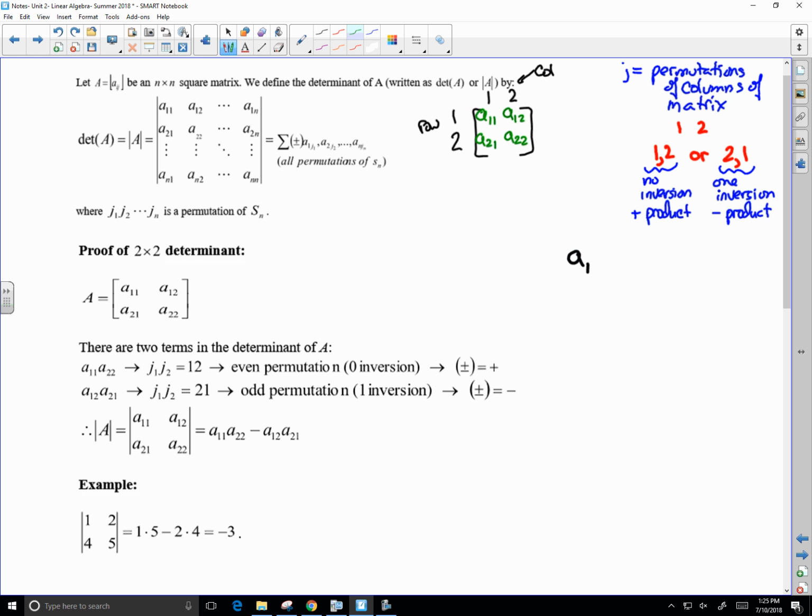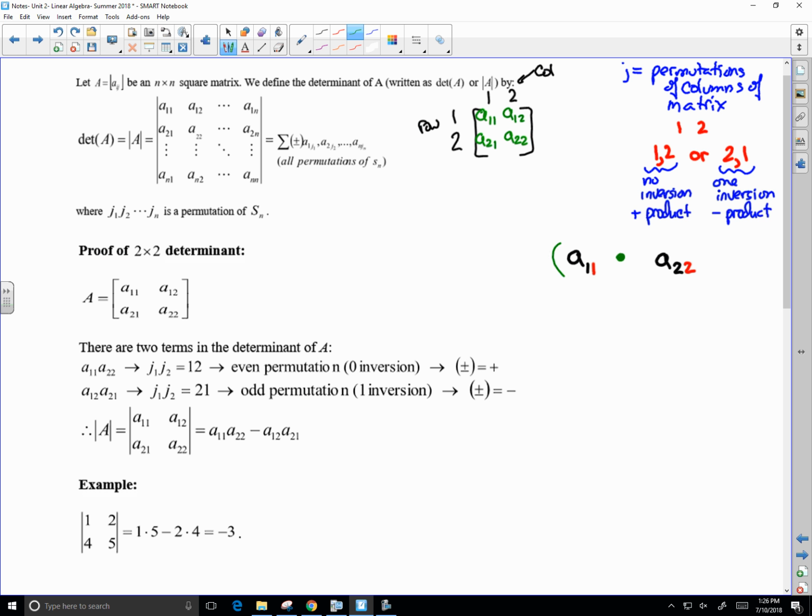Anyway, we're going to work row by row. So starting with row 1 and row 2, we're going to count for each of these possibilities. Again, these are the permutations of the columns, column 1, column 2. And we're going to take those results and multiply them together.